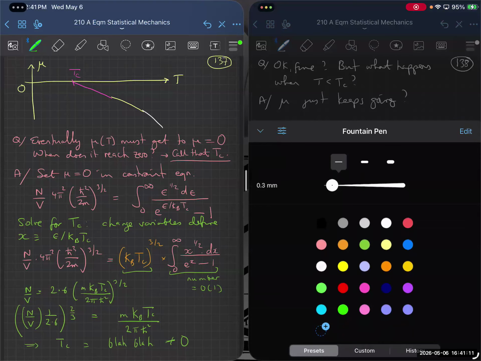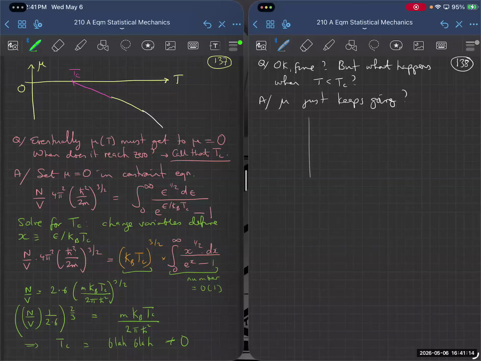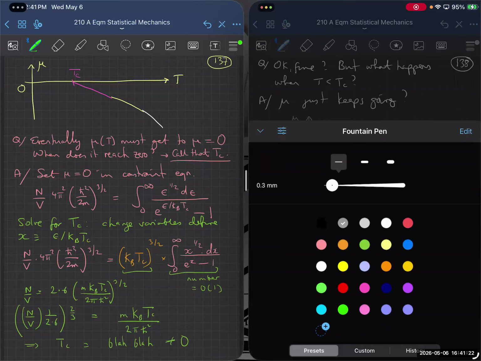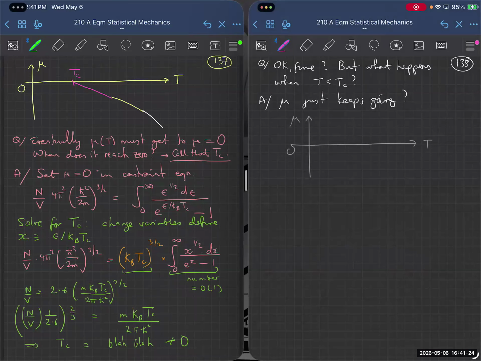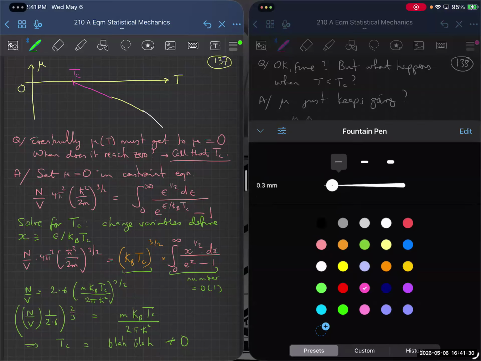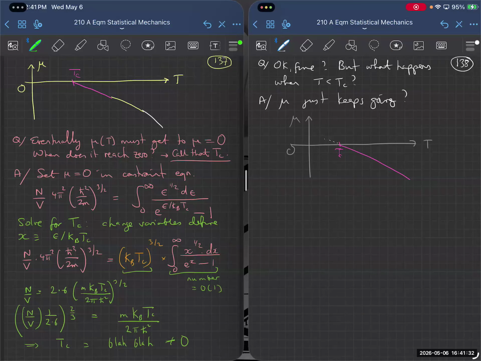So that would look something like this. So here's my graph. This is mu, this is 0, this is T, and then what we're asking is, well, so it did something like this. There's Tc, and then we can ask, well, probably just keeps on going, something like that.